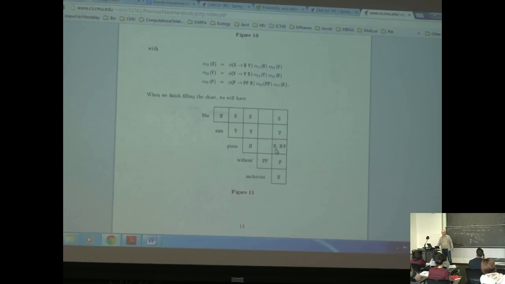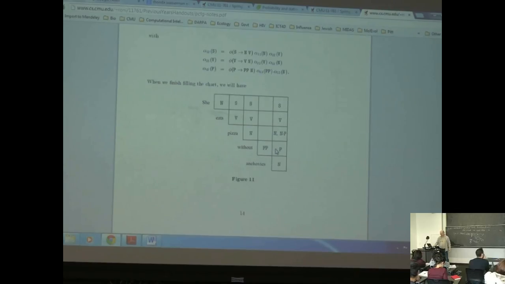I think that's considered pizza. I'm sorry? Aren't they using N as an NP? Yeah, N is a noun phrase, and NP is a noun followed by a preposition. Yeah, probably. Okay, so either "pizza without anchovies" is a noun phrase, that's the N, or it's a noun followed by a preposition that still waits to be attached. I'm not sure. You'll need to read it to see the detail.